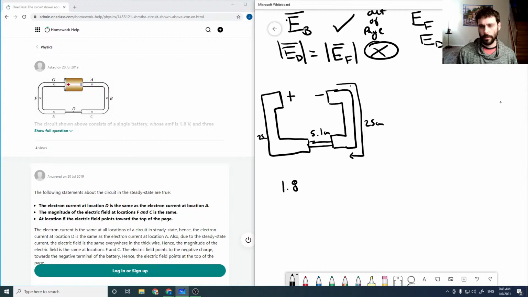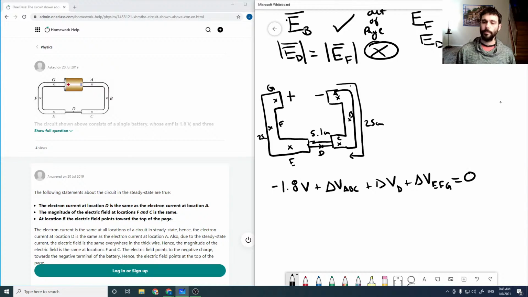So 1.8 volts, I'm going to call this A, B, C, plus delta V, A, B, C. I'm going to call this D, and I'm going to call this E, F, G, plus delta V, D, plus delta V, E, F, G is equal to 0.